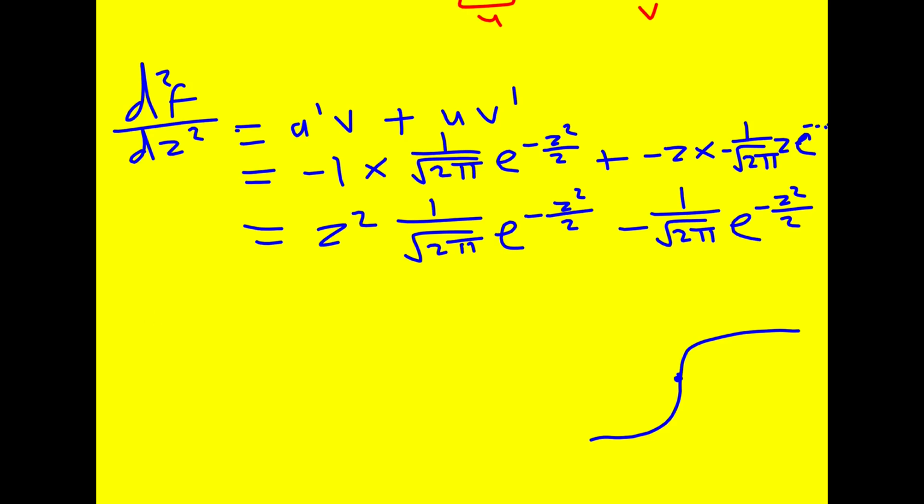So greater than 0 when, and it's absolutely fine to do this, I can just divide through by this thing, because this is never 0, and these together are never 0. And I can also divide through by the constants. So it's going to be when z squared minus 1 is greater than 0.